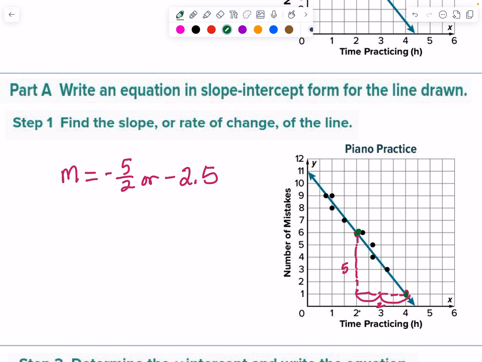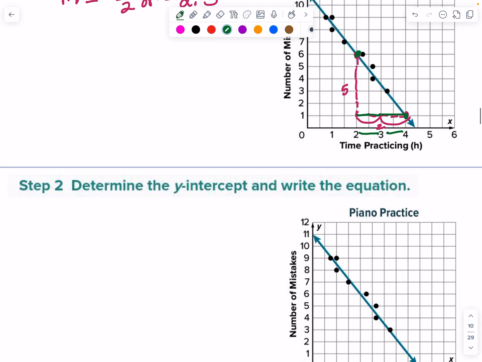See how this whole thing right here is 1, 2. Even though we're going over 4 boxes, this is 1 and this is 2 because we're going from 2 to 4. So you have to pay attention to how the graphs are done. But either way, our slope is negative 2.5.